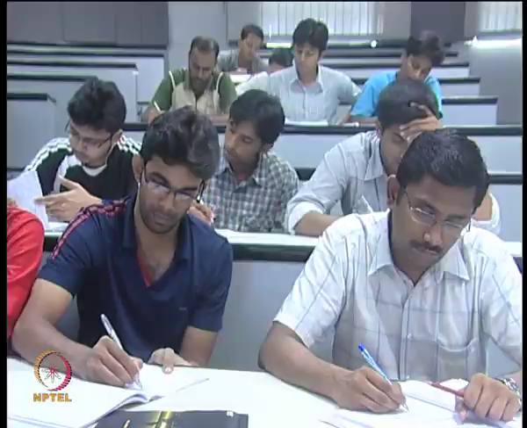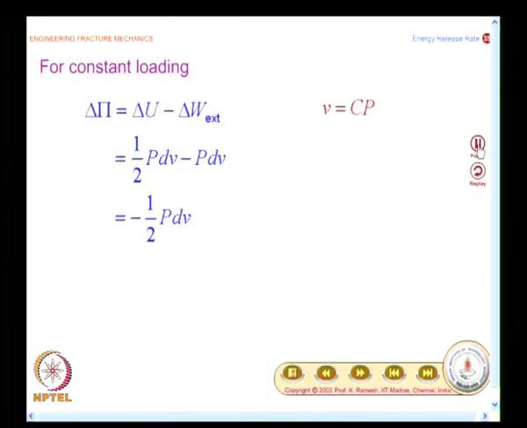It is fairly simple, and you look at V equal to CP, and the key point here is we are going to look at incremental change. So, when you differentiate, I will have this as C into dP plus P into dC, and we are discussing constant loading. Under constant loading, dP goes to 0.